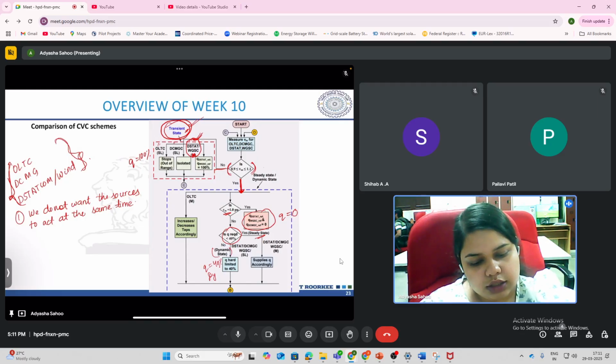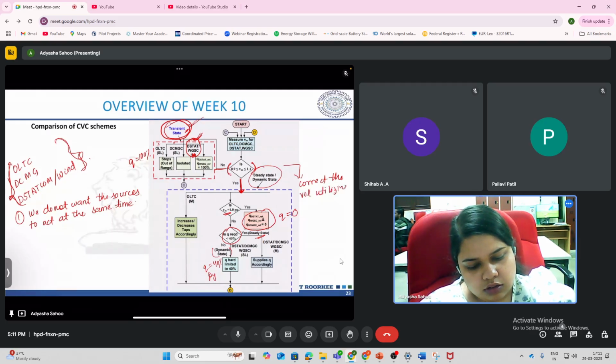But if the voltage is within the limits, then what we try to do is correct the voltage utilizing static sources and reserve the dynamic resources for transient states.